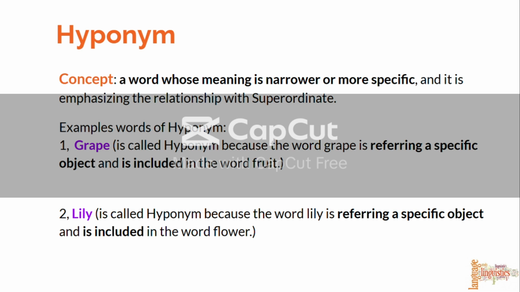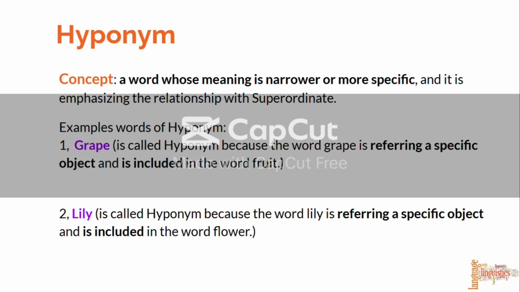Let's look at the first one, grape. So the word grape is called hyponym because the word grape is referring to a specific object, and it is included in the word fruit, or specifically the meaning of the word grape is included in the meaning of the word fruit.